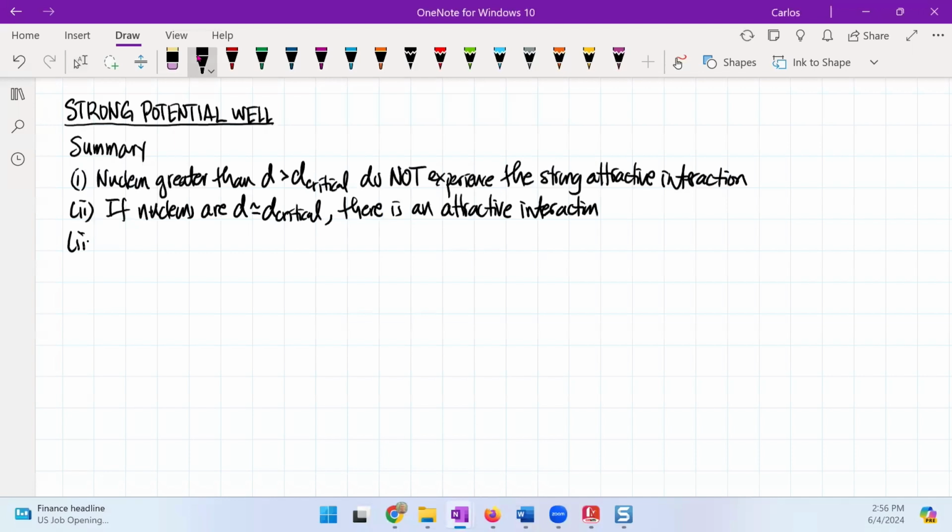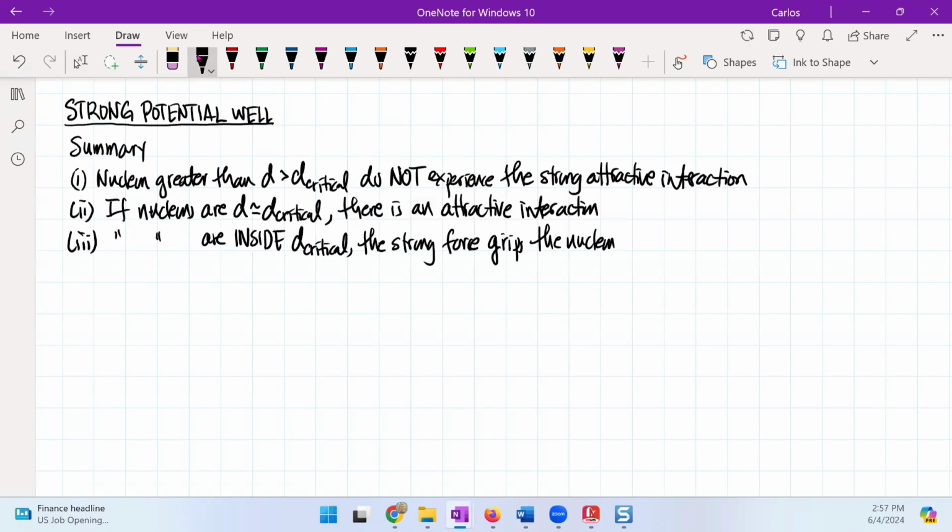And then finally, if nucleons are inside D critical, the strong force grips the nucleons tightly and binds them to the nucleus.